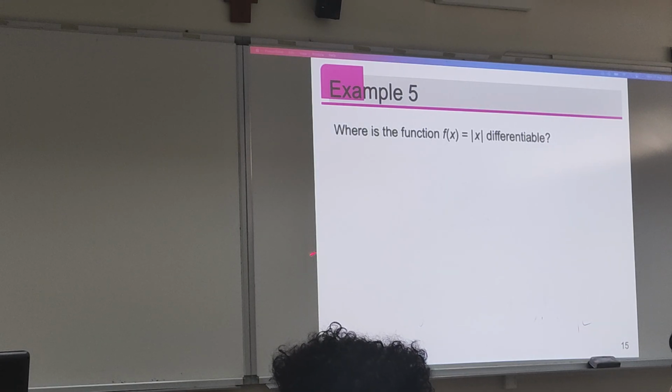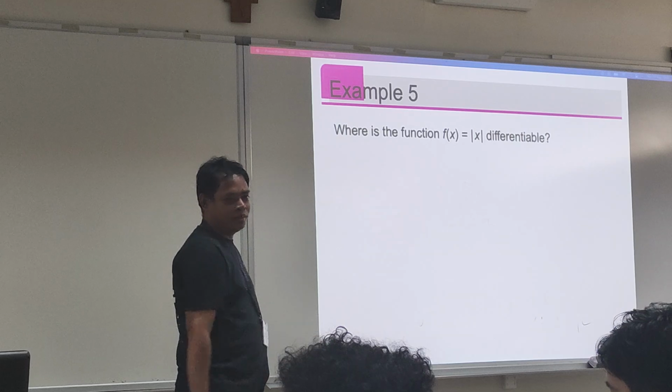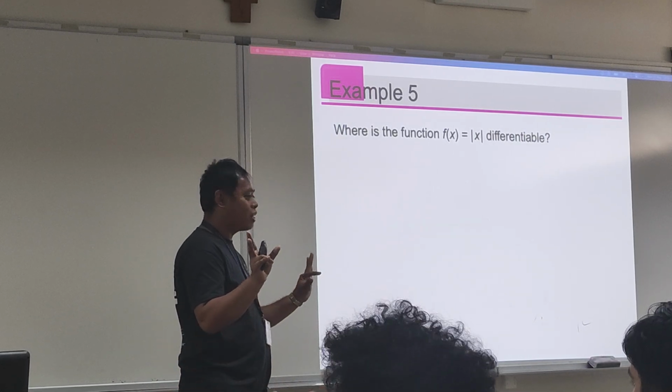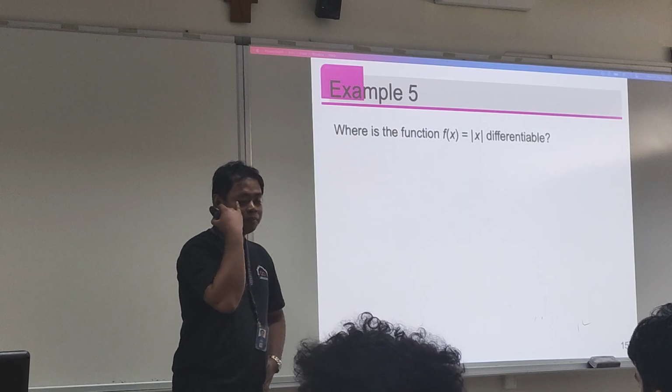So where is the function f of x equal to the absolute value of x differentiable? So it's differentiable for all values of x except at one point. Where do you think it is not differentiable?